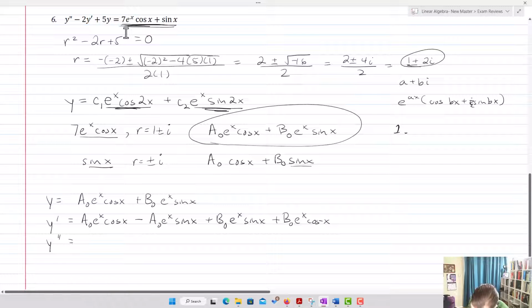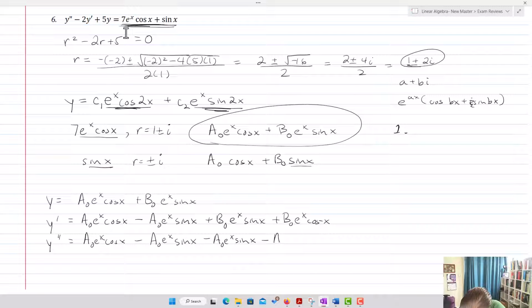Y double prime is going to be a naught e to the x cosine x minus a naught e to the x sine x minus a naught e to the x sine x minus a naught e to the x cosine x plus b naught e to the x sine x.